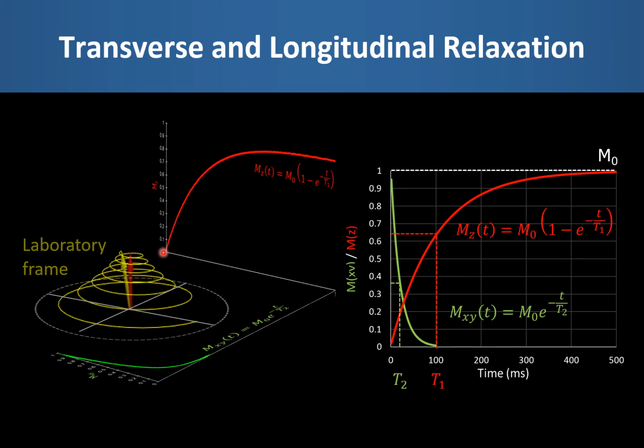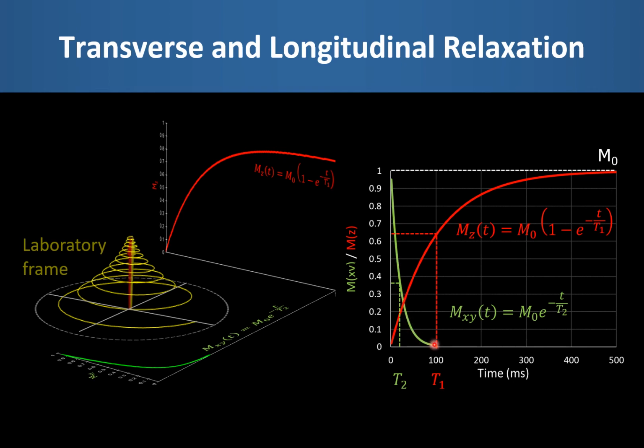Again, here we can see the curve in the rotating frame of reference recovering as 1 minus e to the minus t over T1.